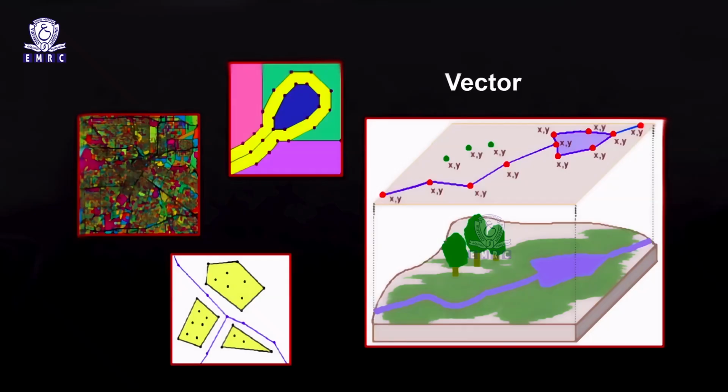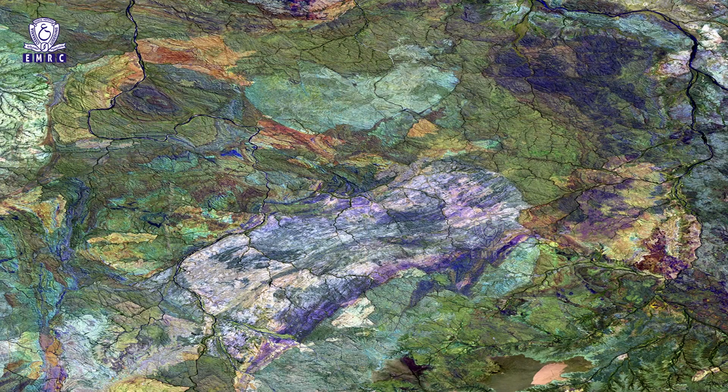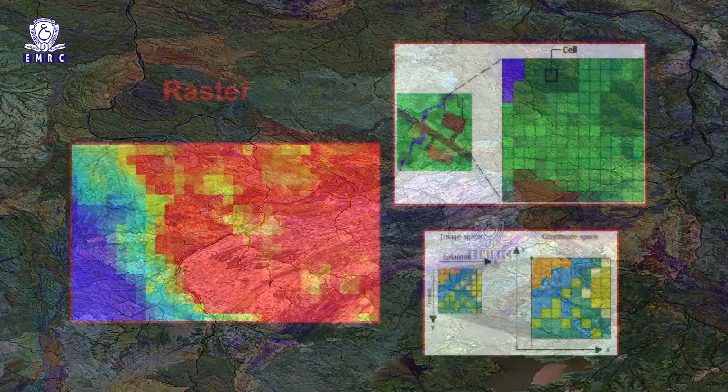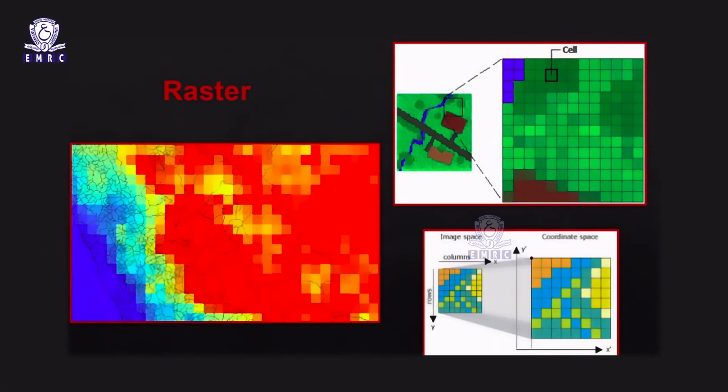Vector data models provide some advantages relative to the raster data model. First, vector models generally lead to more compact data storage, particularly for discrete objects. Large homogeneous regions are recorded by coordinate boundaries in a vector data model. These regions are recorded as a set of cells in a raster data model.